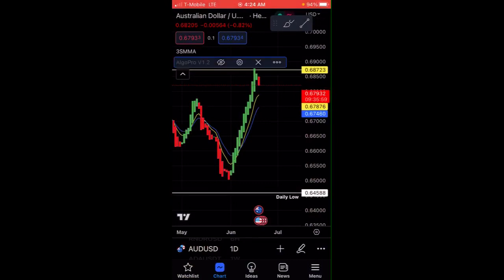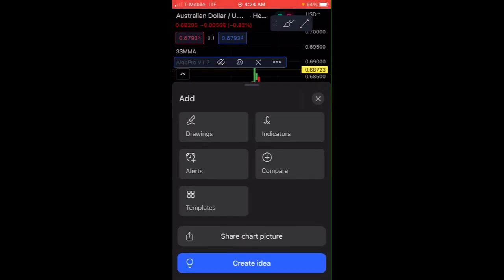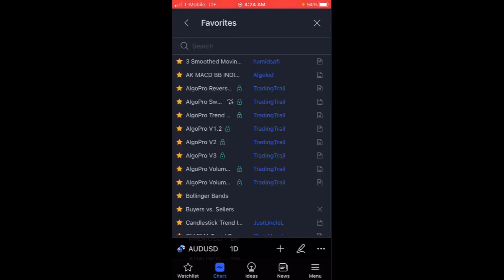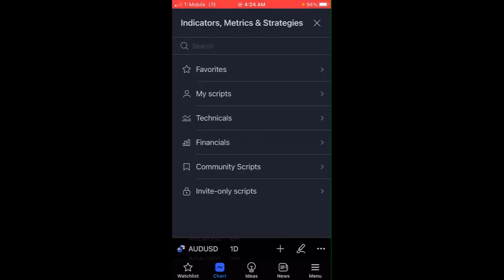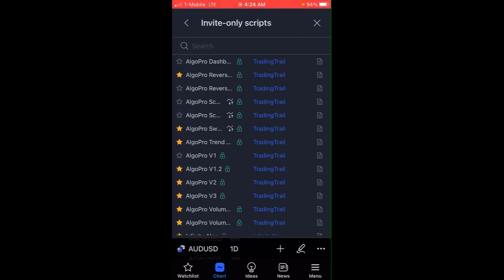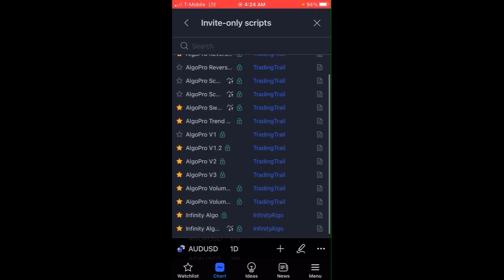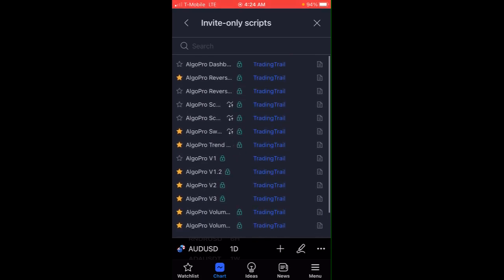Okay, once you get the AlgoPro indicator, you go here to your settings, and it should be under, I think, Invite. Yeah, it'll be under your invite only scripts once you get it, and they hook you up with a whole bunch here.